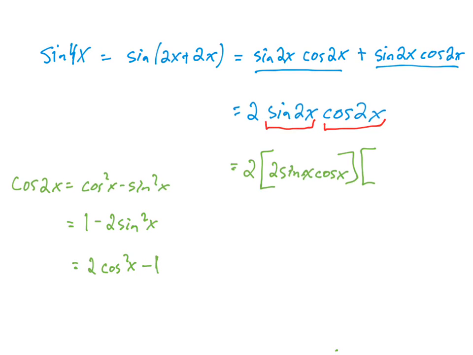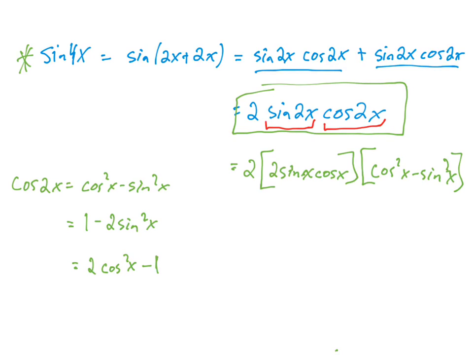So we could just pick one of those. Cosine squared x minus sine squared x, and then from there we could multiply out and simplify. So this is one way we could handle this sine of 4x. It's basically just expanding using the sum formula for sine.